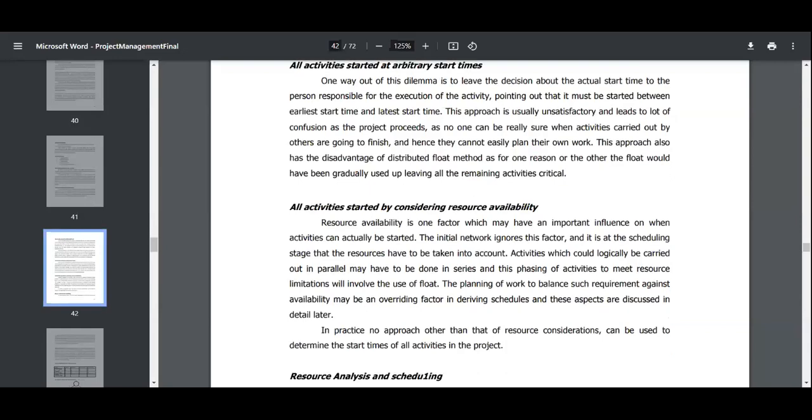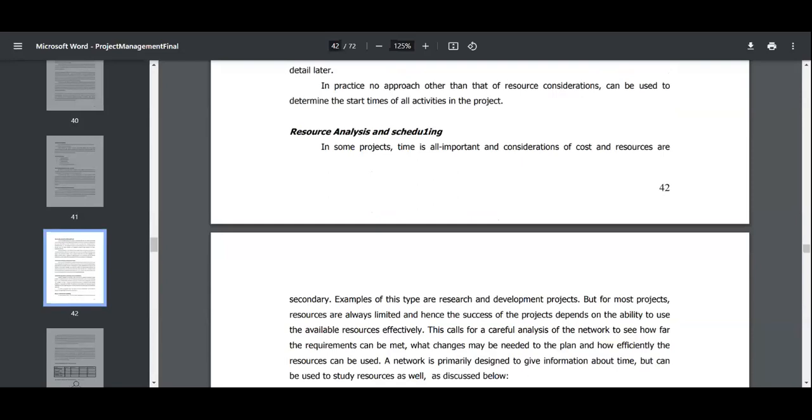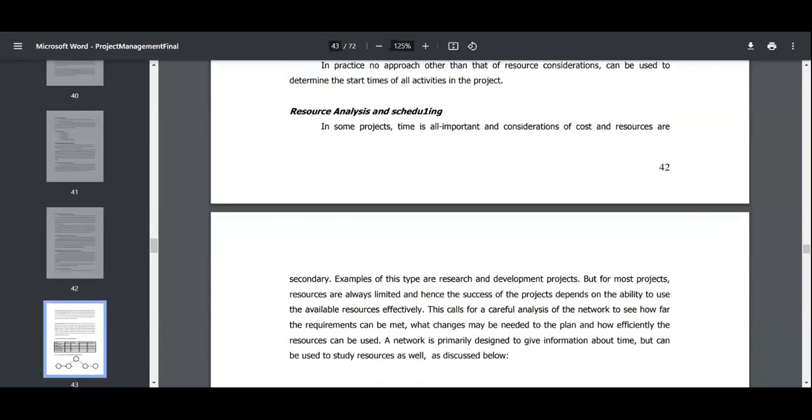Now next is resources and scheduling. Whatever resources you require, whatever materials you require, resources means you require material to complete the work, manpower, skilled labor, and some approvals to complete the work.